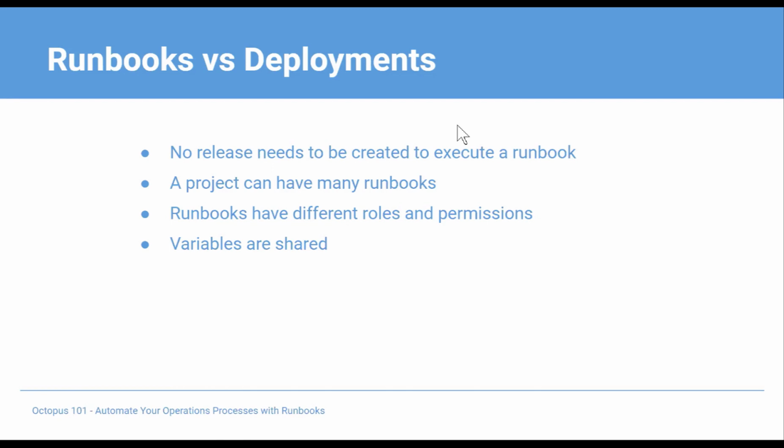Particularly with setting up these demos, I've really used the fact that variables are shared between deployments and runbooks, and it makes everything so much more reusable and consistent. Not only is it the same process that you're running with Octopus, it's also the same variables, and it really gives you that consistent process for runbooks.